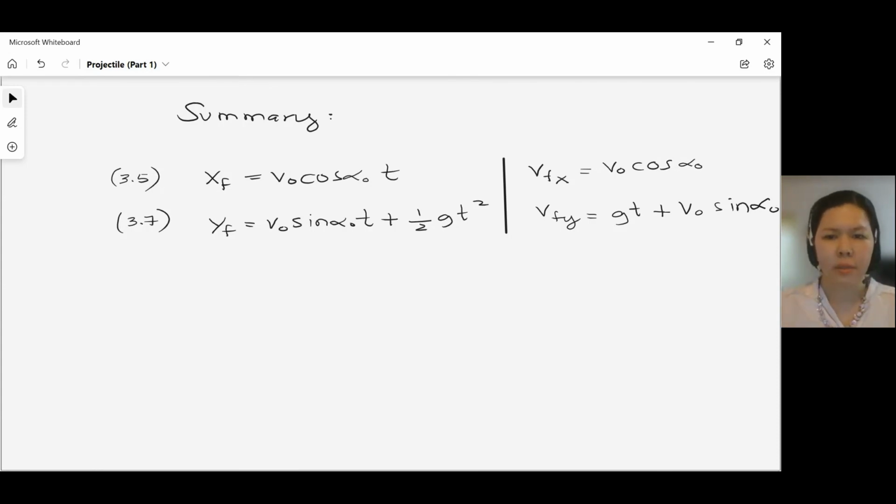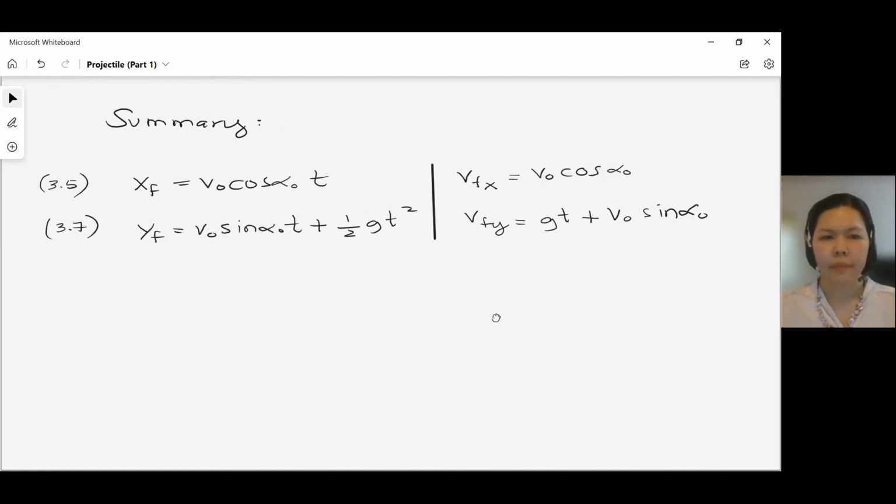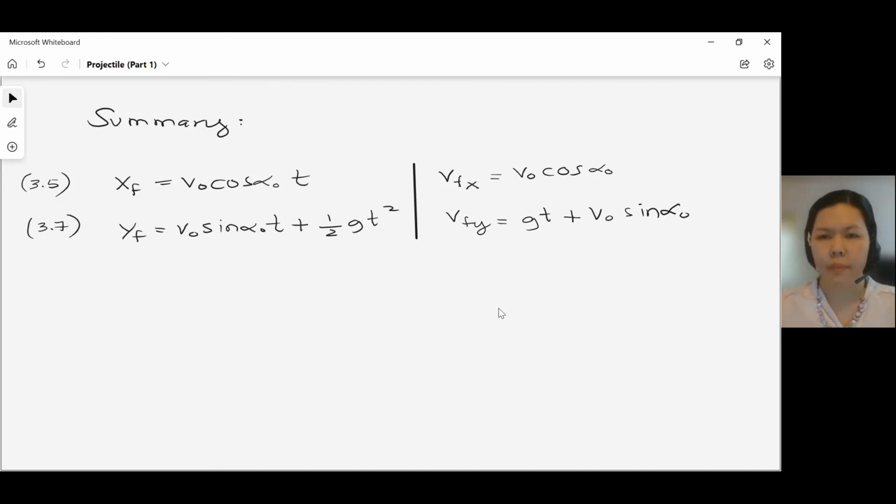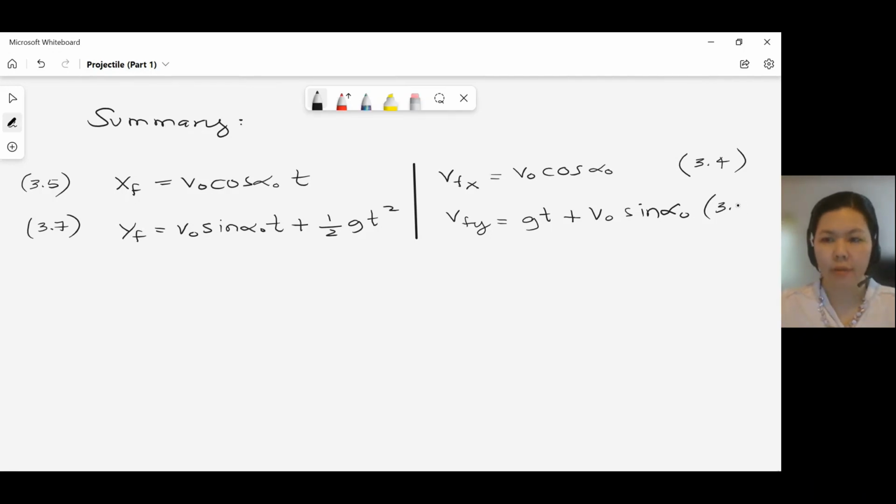So this is a summary. VFX is equation 3.4 and VFY is 3.6.